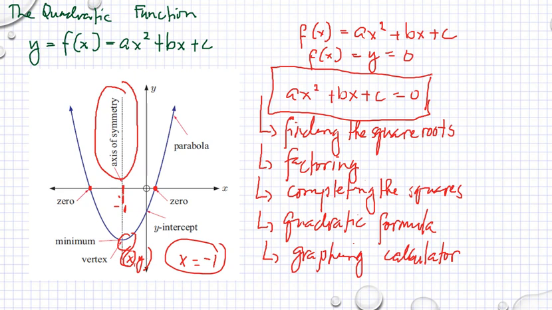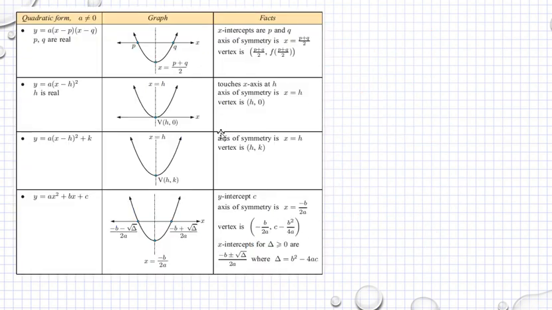Okay, I think I do not have much more to say about this introduction of the quadratic function. In my next video, I will be discussing this table one by one. Sometimes it doesn't look like this all the time. This is the general quadratic function, but sometimes it looks like this, this, and this.